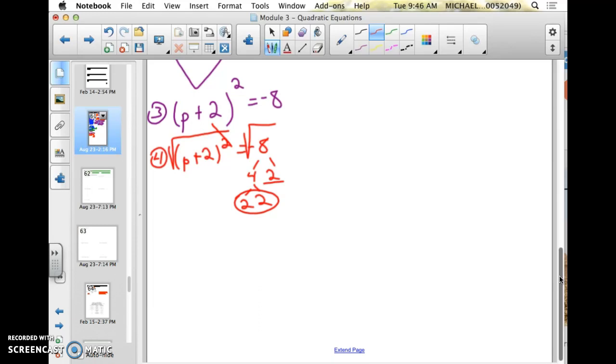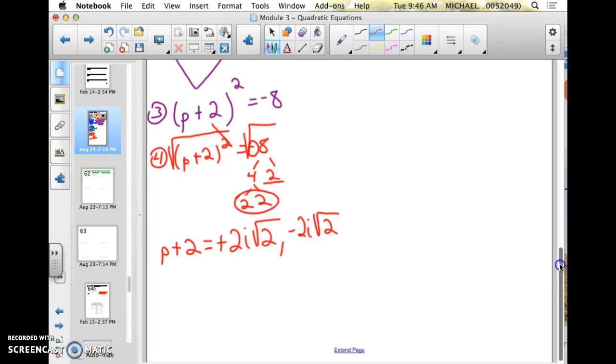So let me rewrite what's on the left-hand side. p plus 2 equals the positive version of 2, I need to put an i because I'm taking the square root of a negative, so 2i radical 2, and the negative version of that, because again we're taking the square root, so I have a positive and negative of the same answer, 2i radical 2.